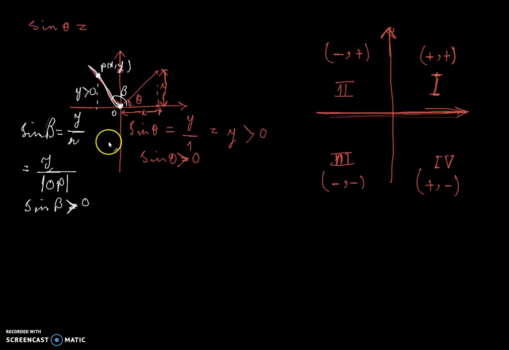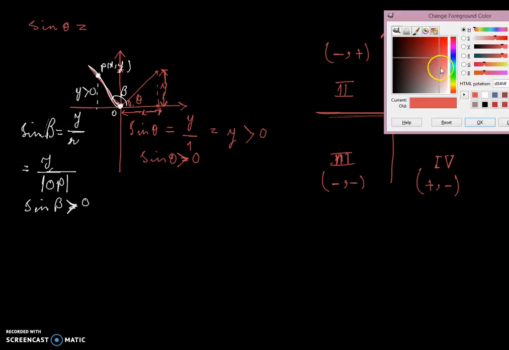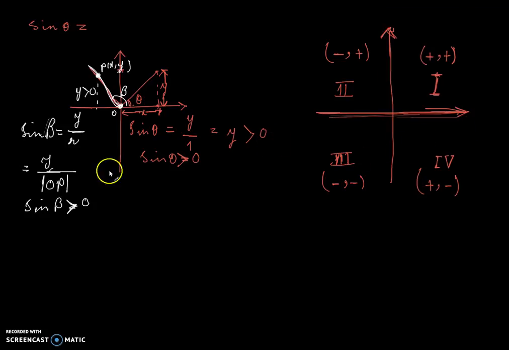In the previous case, you can see that sine theta is greater than 0. Now, if you come to the third quadrant, if you had an angle like this, and this is again your y value, and this is your x value, and this is your P, x comma y.